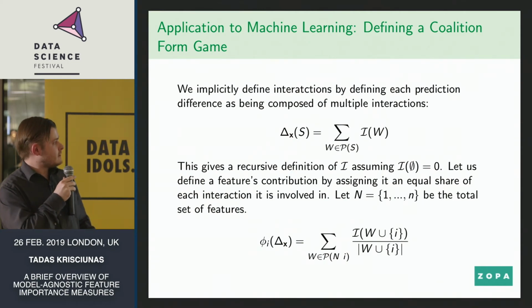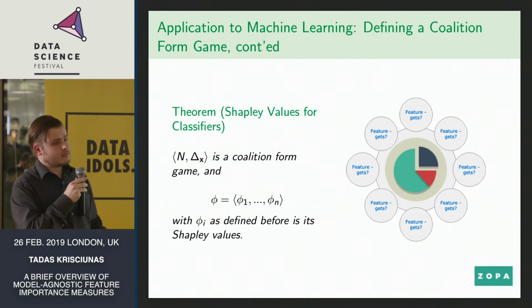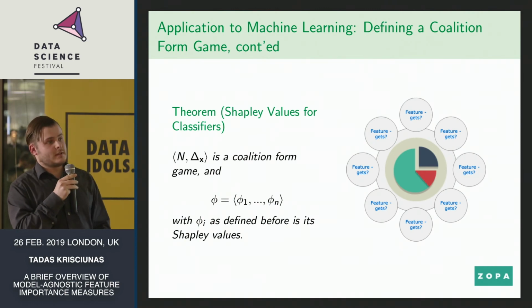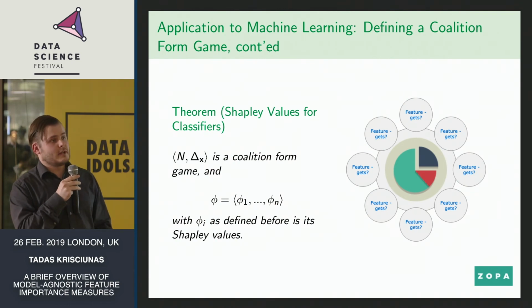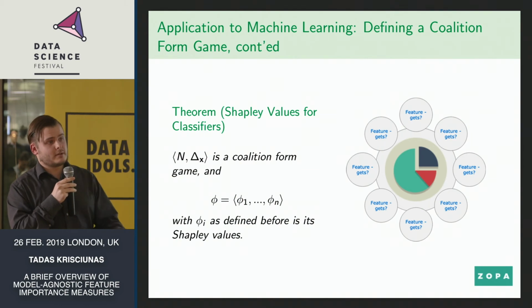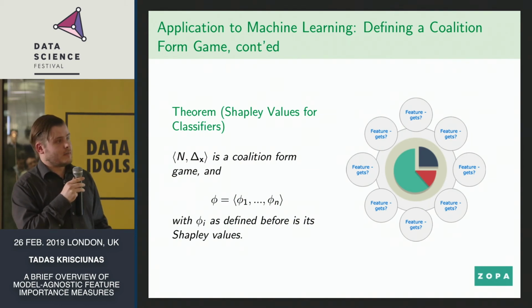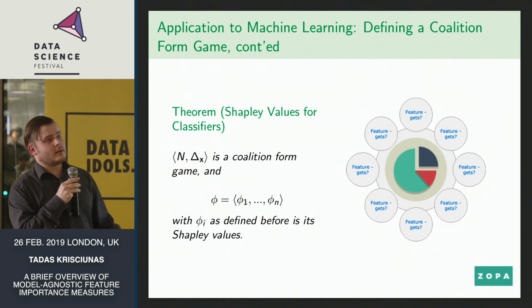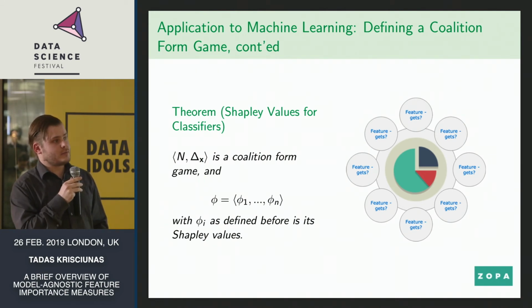And what is surprising is that this particular function, that is the prediction difference, together with the set of features for a model, prediction difference being fixed at each particular data point, actually defines a coalition form game. And the value that we were talking about, the weighted sum over all interactions that the feature participates in, is effectively its Shapley value.